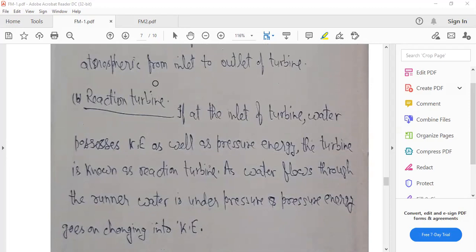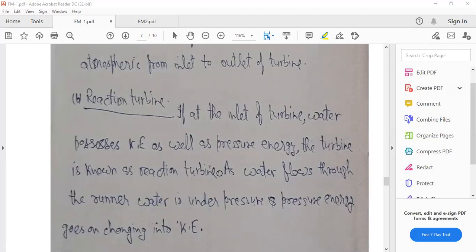So at inlet we have kinetic energy plus pressure energy, and as water moves, the pressure energy changes into kinetic energy, and at the outlet we are having only kinetic energy. So we can say that pressure doesn't remain constant in reaction turbines, it is always changing.